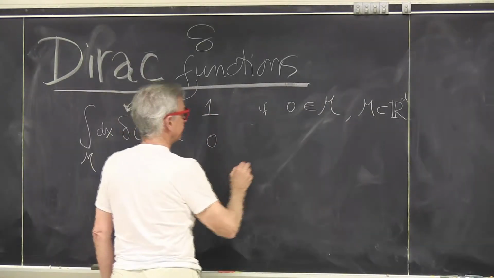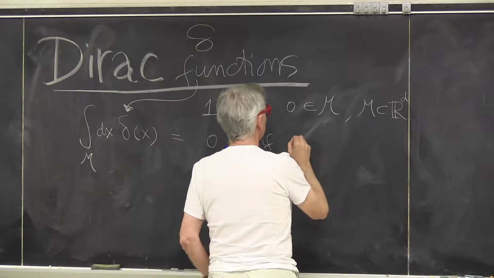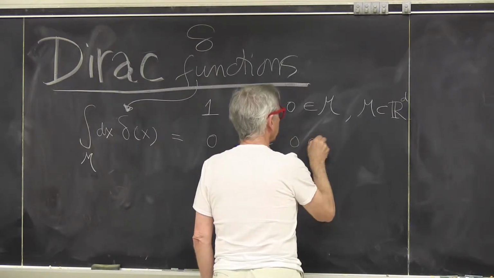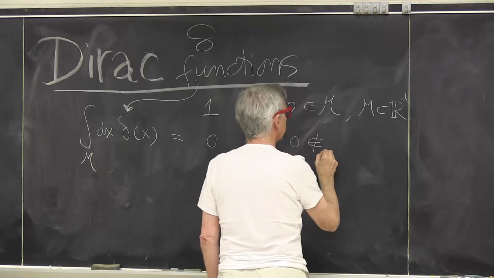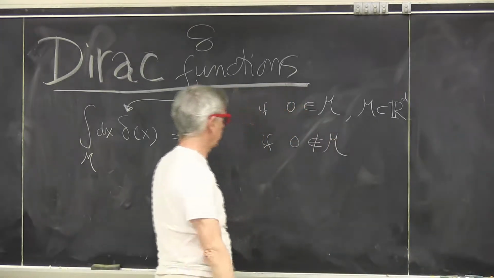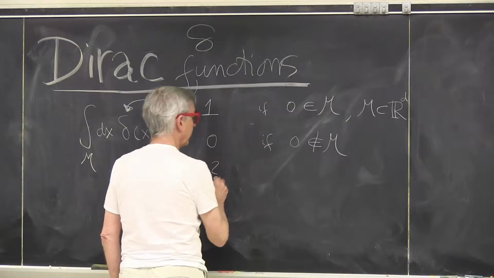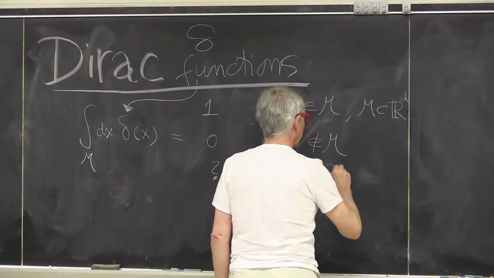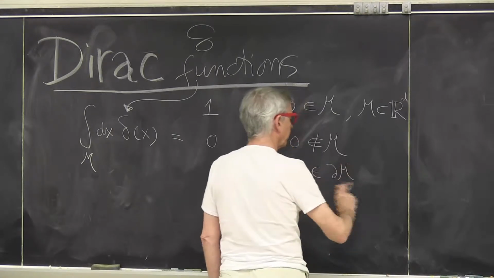It's 0 if the origin is not in the interval I'm integrating over, and it's something to think about if the origin is an element of what's called the border.